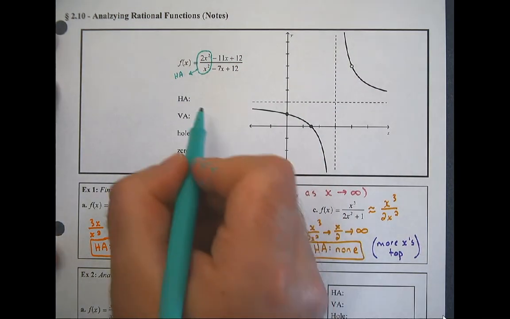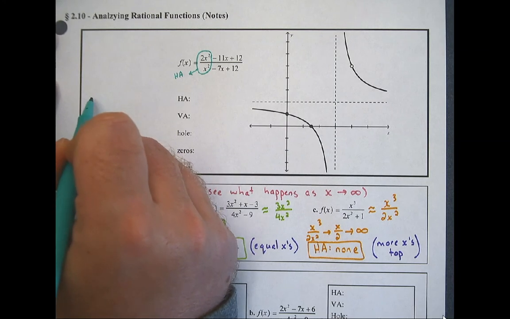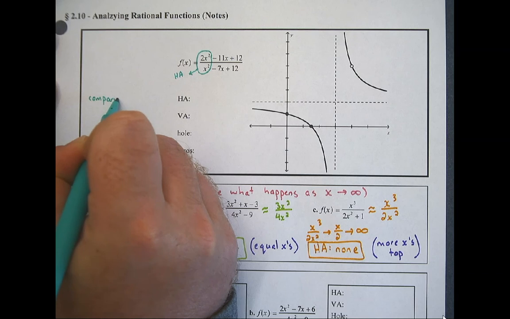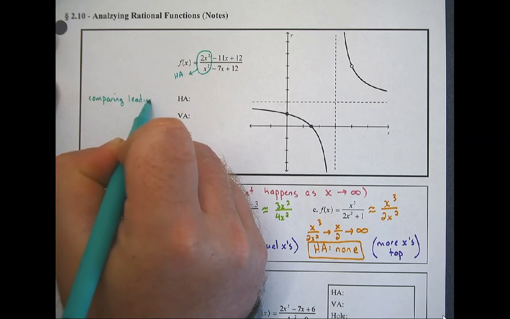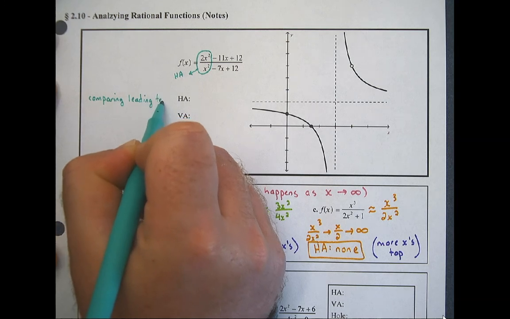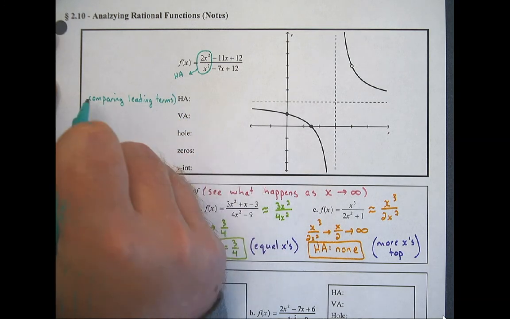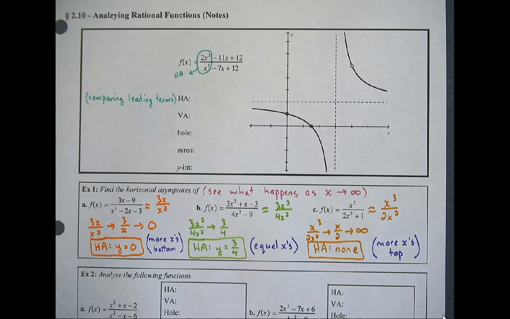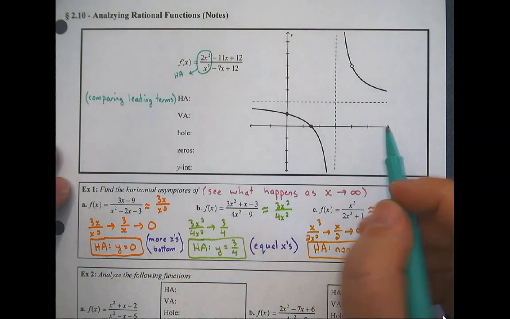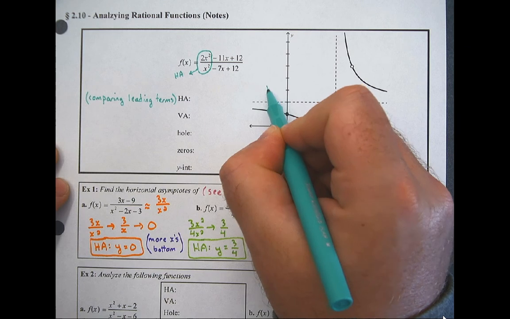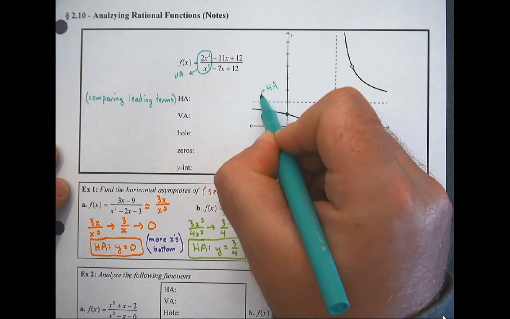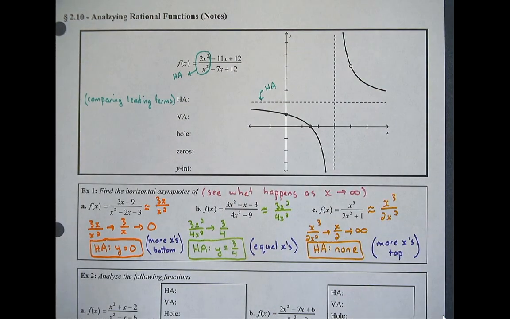You can figure out your horizontal asymptote by comparing leading terms. So over here in our picture, this is what we call an HA, horizontal asymptote.